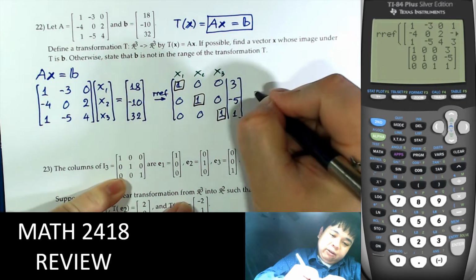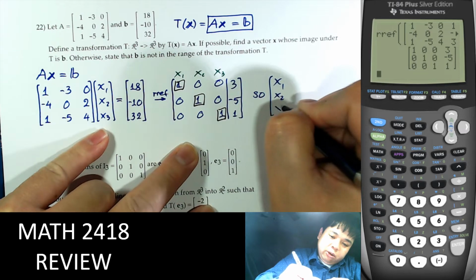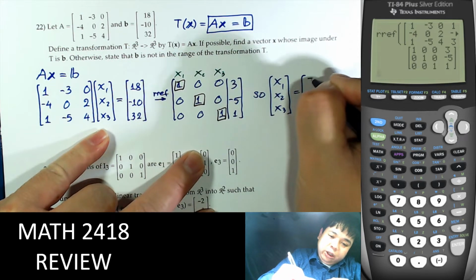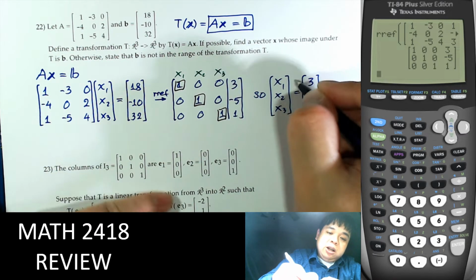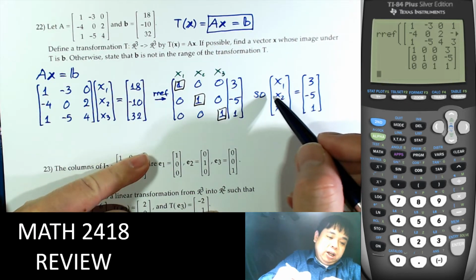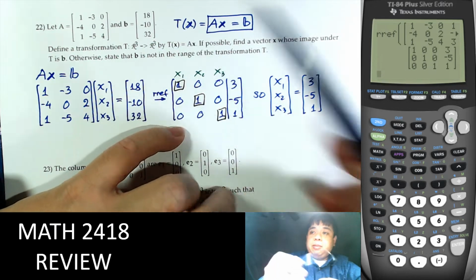So we have x1, x2, x3 equal to 3, -5, and 1. So this is what we call the pre-image. It will transform into the vector B under this transformation.